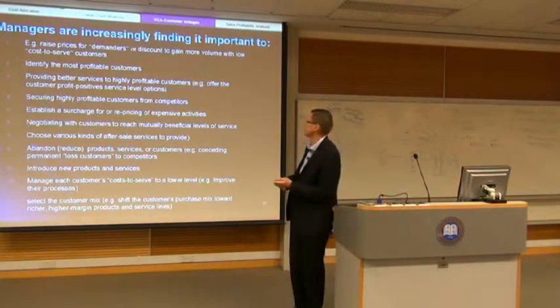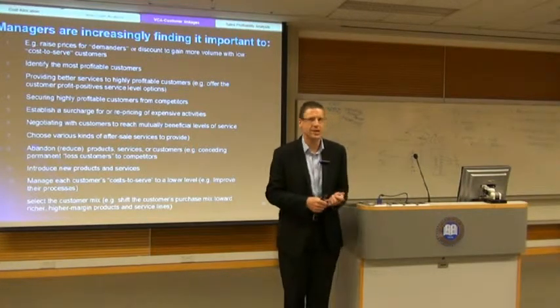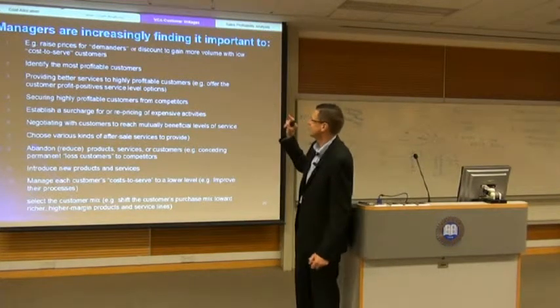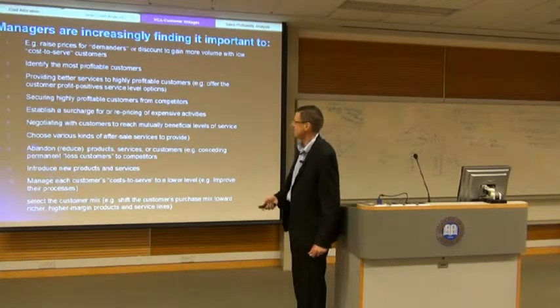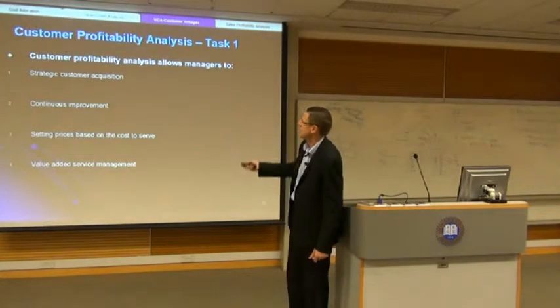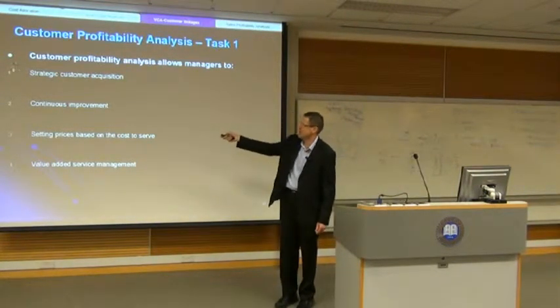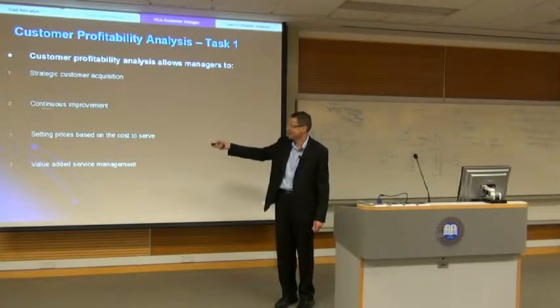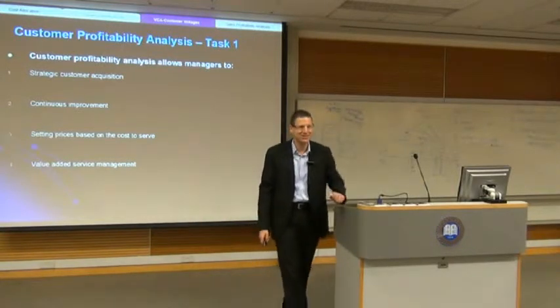Now it's time for you to do some work in groups of 2 or 3. No lone rangers. I want you to think about the following. The following are 4 big decisions that management are interested in: strategic customer acquisitions, continuous improvement, setting prices based on cost to serve, or value-added service management.